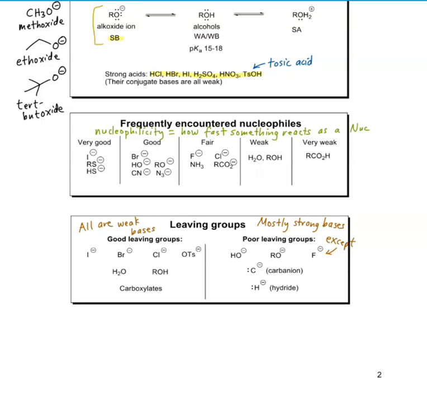What we can say as a general guideline with the leaving groups is that the weaker something is as a base, the better it is as a leaving group. So weaker bases make better leaving groups.